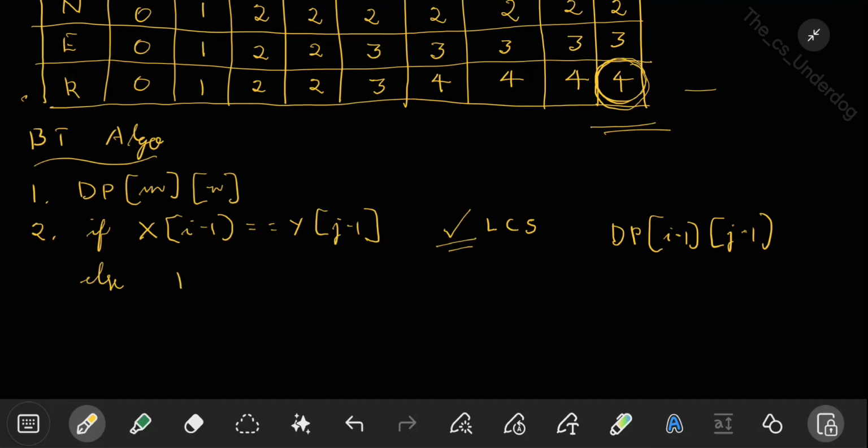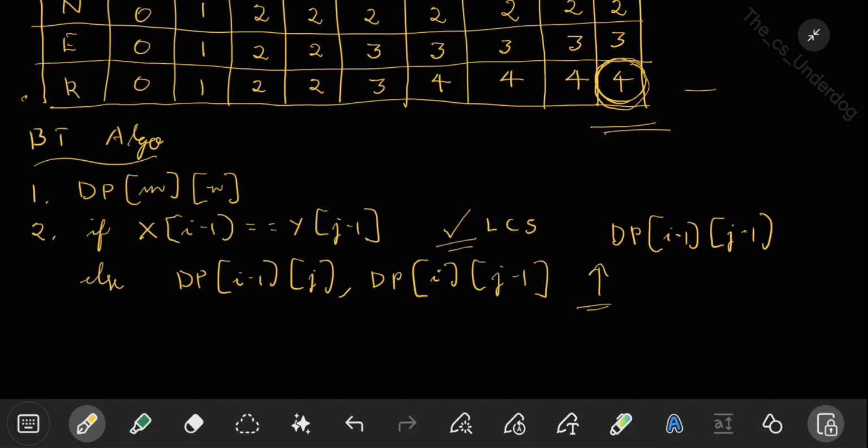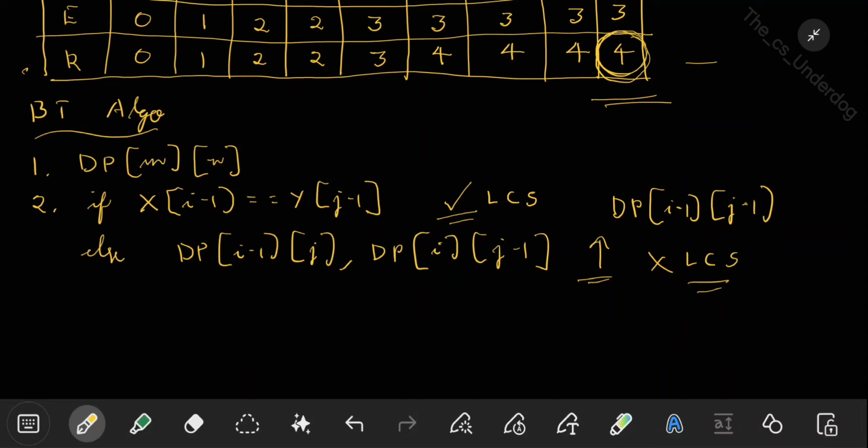That is, you will see dp of i minus 1, j and dp i, j minus 1. Among these, whichever is the larger element, you will go to that particular block, but you are not going to put it in LCS. This is the point here. You know there is no match between both the strings, so you should not be putting this letter in the LCS.